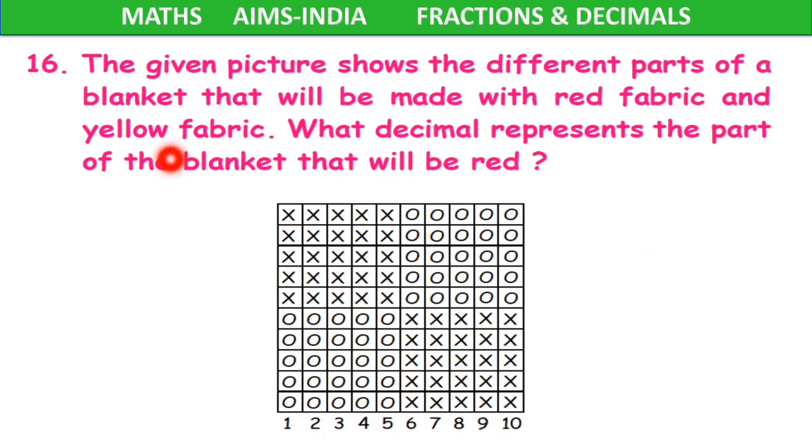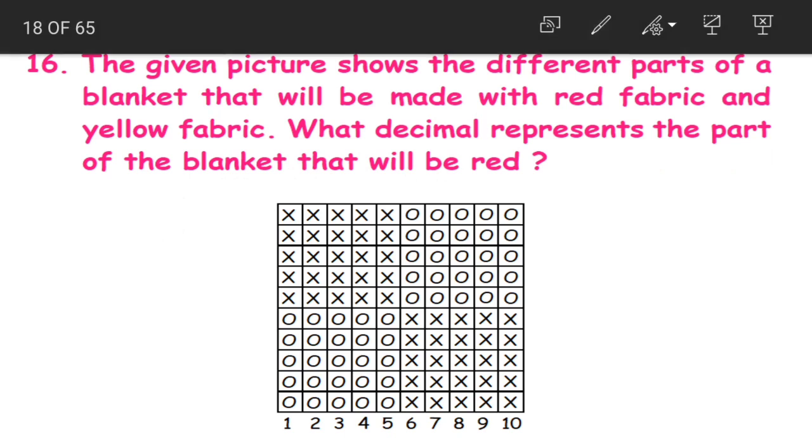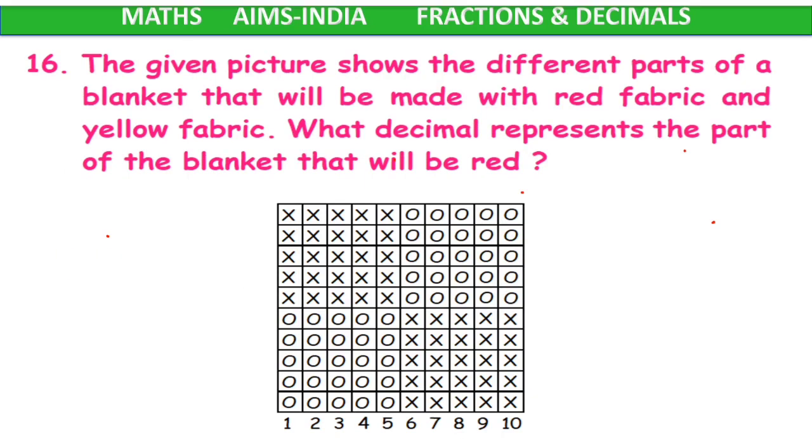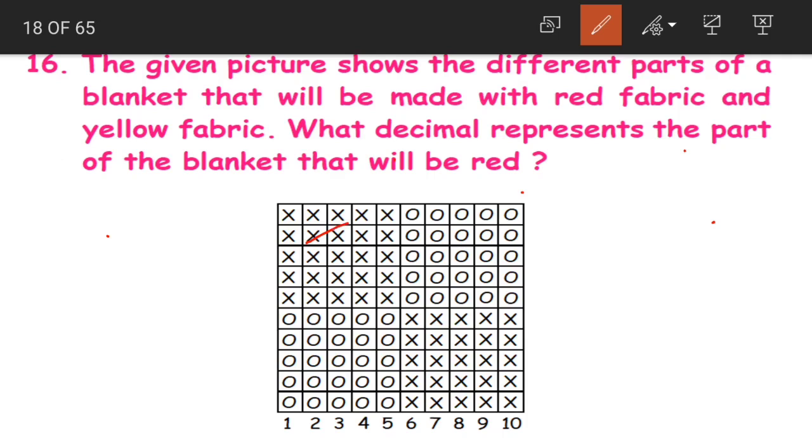Next question. The picture shown below shows the different parts of the blanket that will be made with red and yellow fabric. Yes, what decimal represents the part of the blanket that will be red? O is yellow and X is red. Actually, we need not even solve this by counting or such.